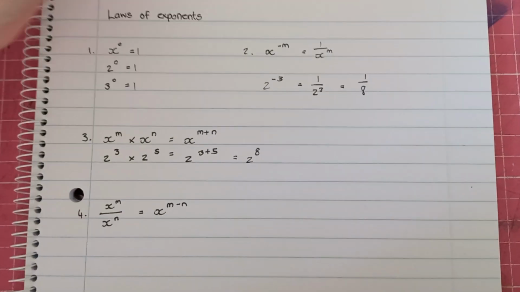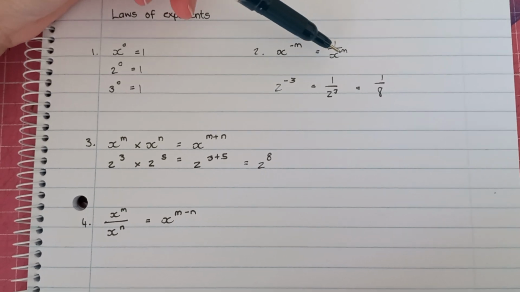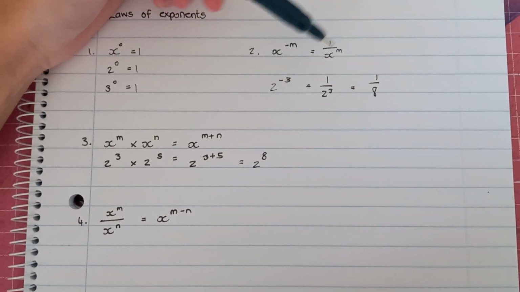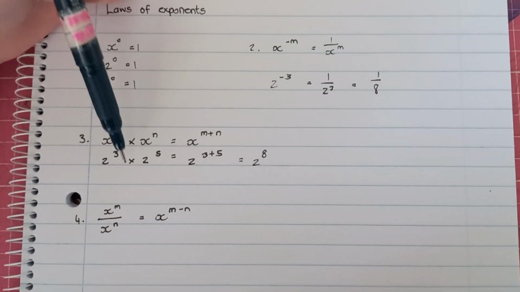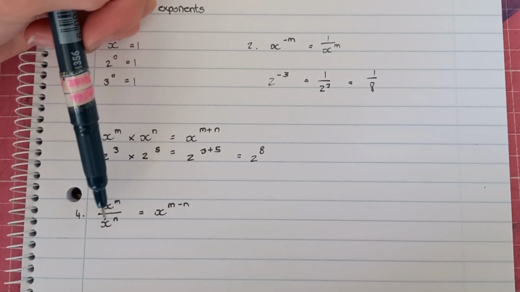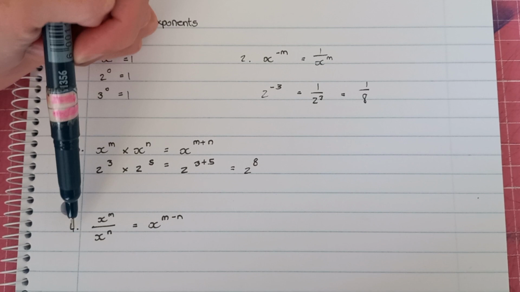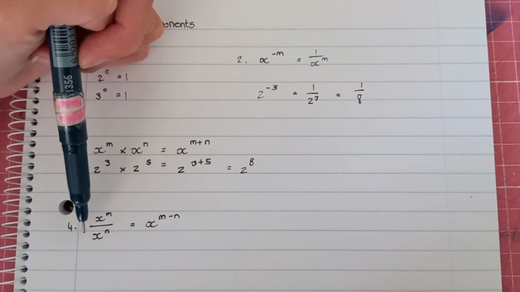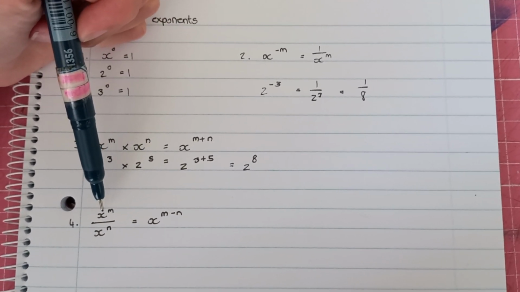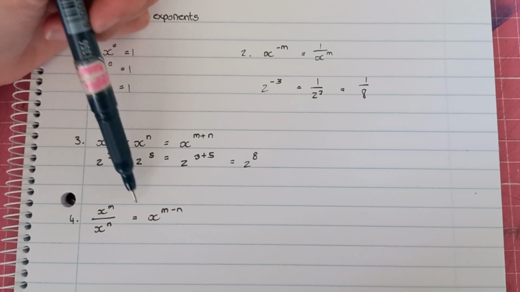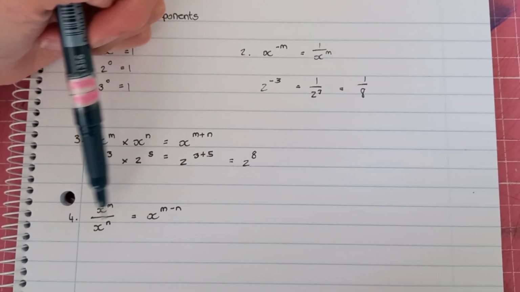The fourth law of exponents is x to the m over x to the n will be equal to x to the power of m minus n. Okay, so the reason why is because if you have a look at this one over here, negative m will become positive m in a fraction form. So like this here is sort of the same. The n becomes a negative when you move it from being at the bottom. So when it becomes part of the numerator, it's no longer the denominator.